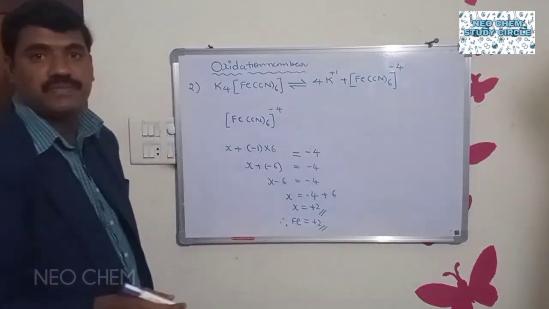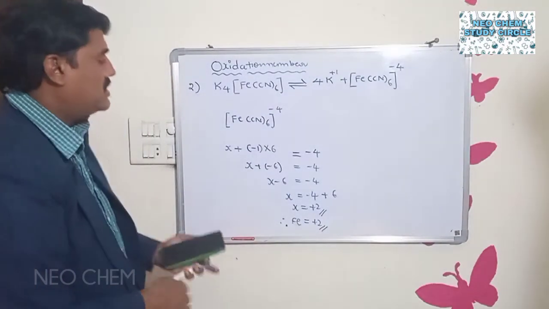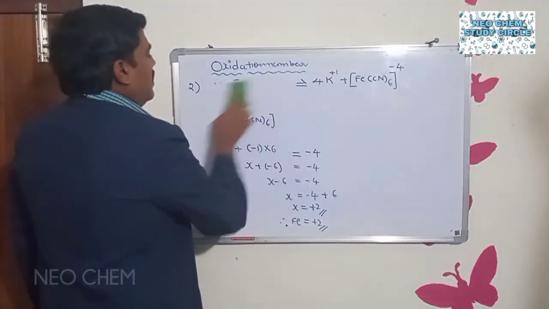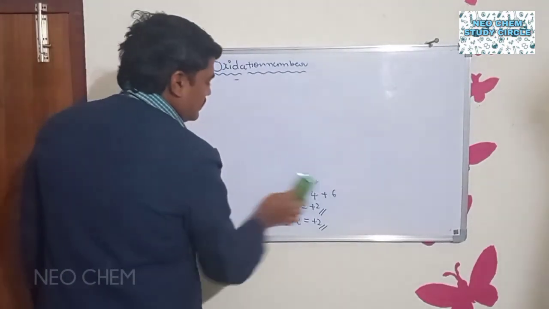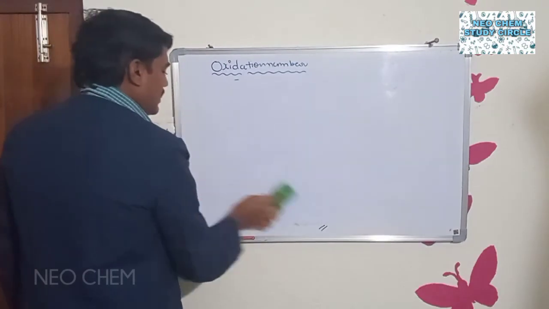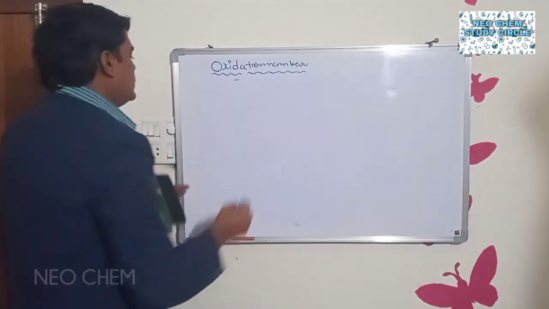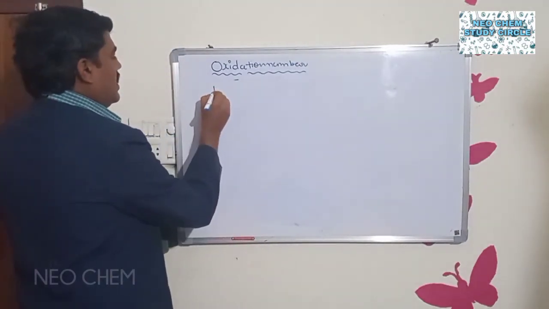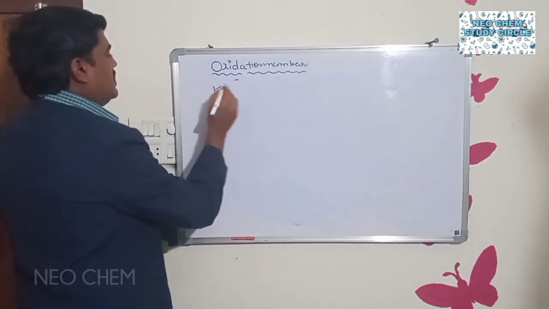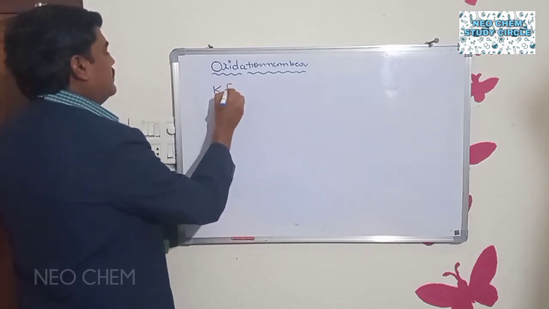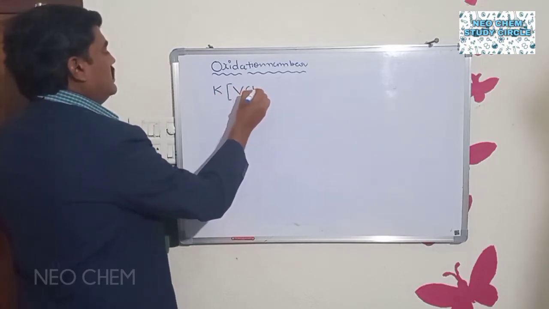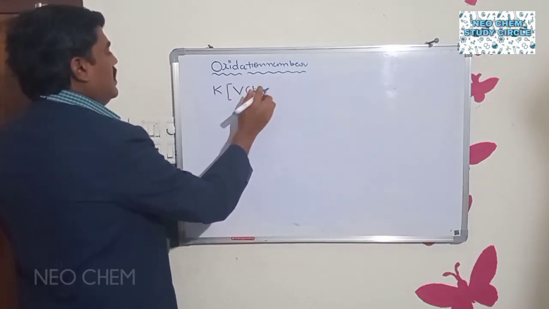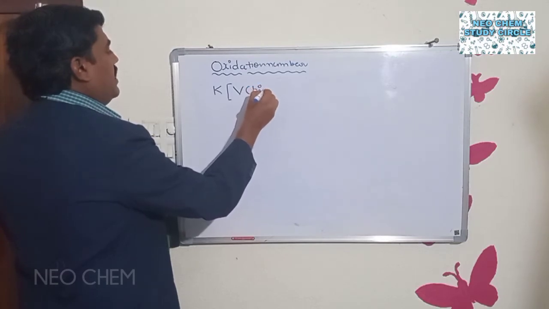Like that. Okay now, next we will take one more example, that is potassium vanadium bipyridine taken 3.